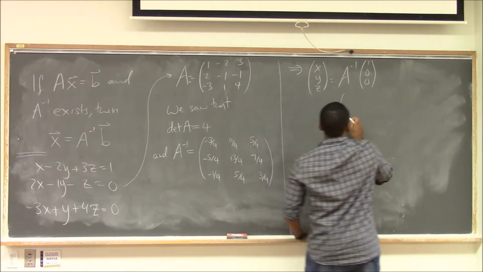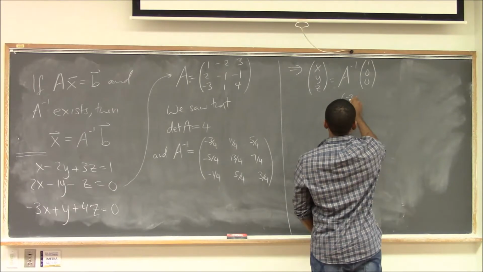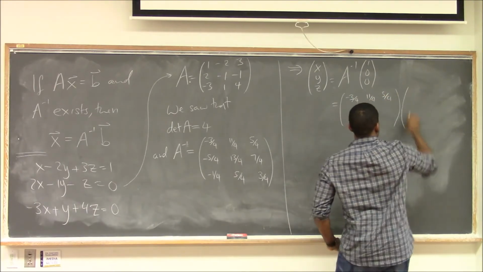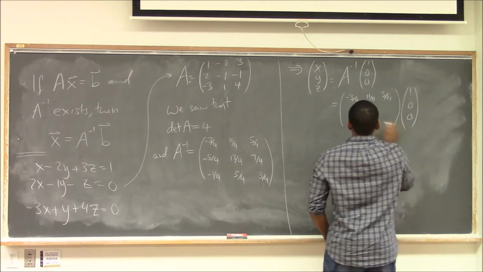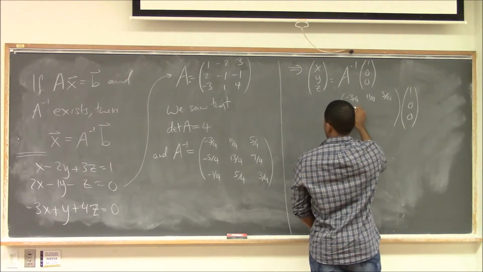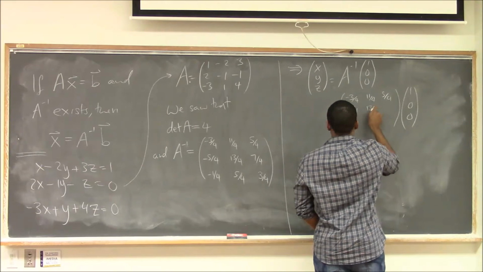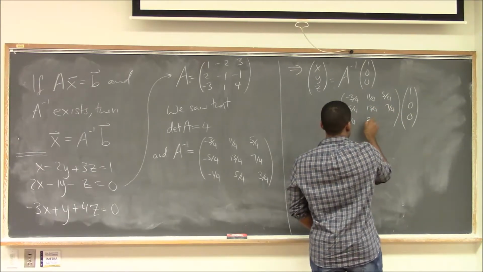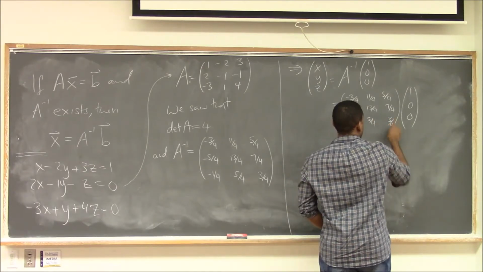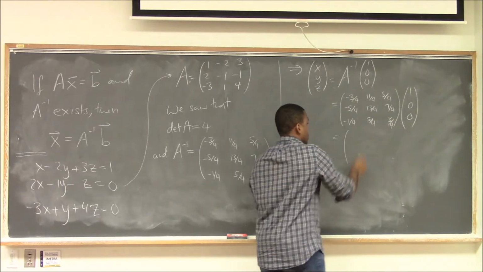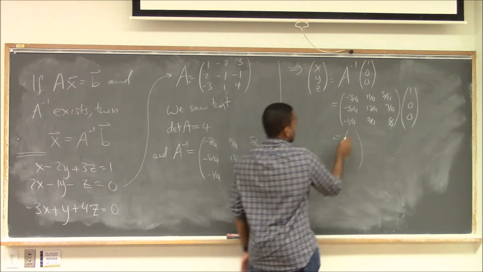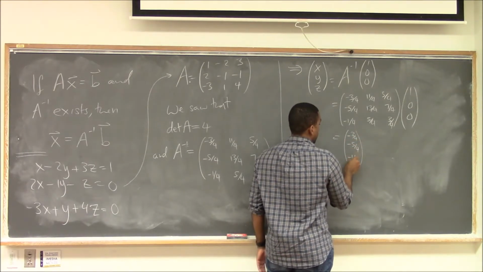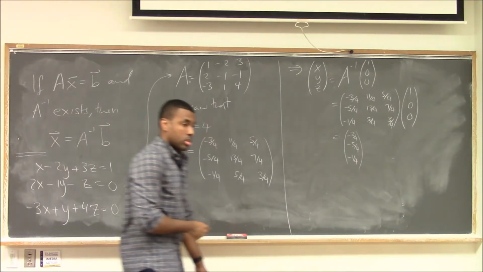Or in other words, that's going to be that matrix, times 0, 4, 11 over 4, 5 over 4, 5 over 4, 13 over 4, 7 over 4, and 1 over 4, 5 over 4, 0 over 4. And so the answer would actually be minus 3/4, minus 5/4, minus 1/4. That would actually be the solution to the system.